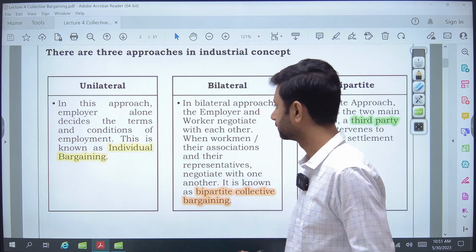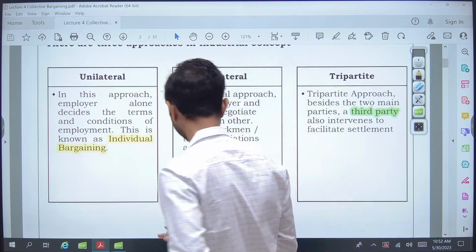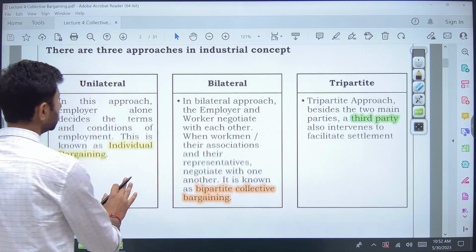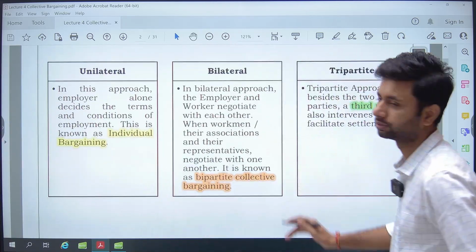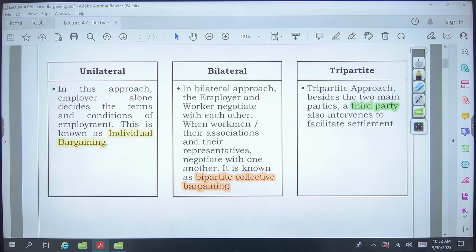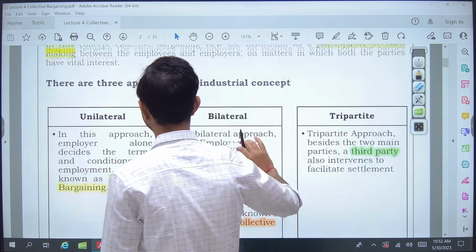Okay, so let's go to the approaches of the collective bargaining concept.